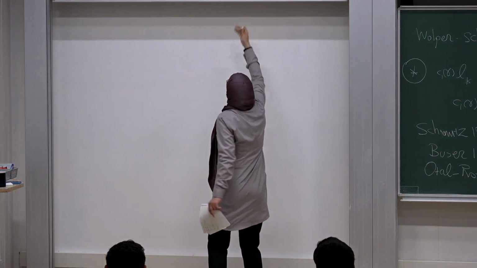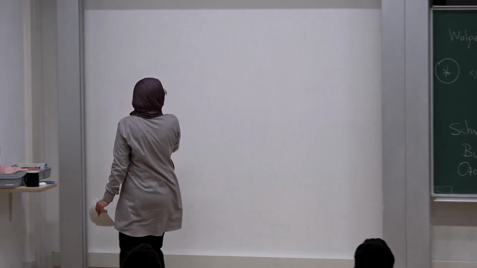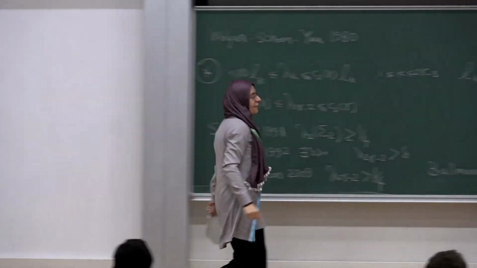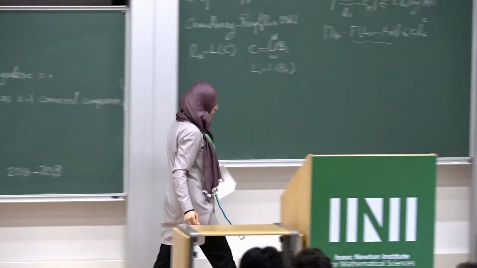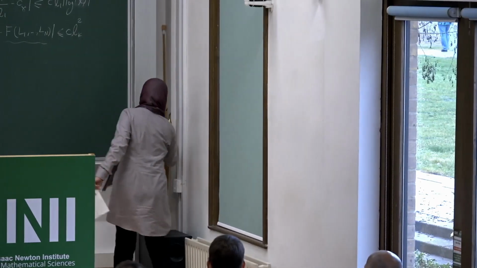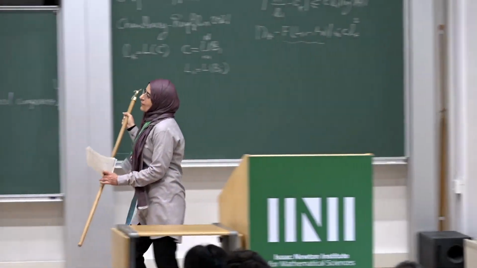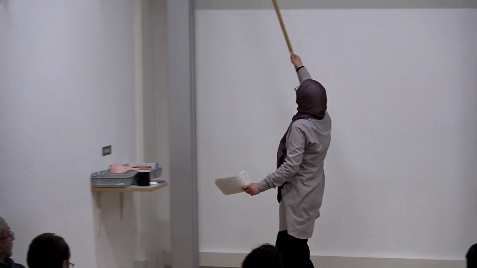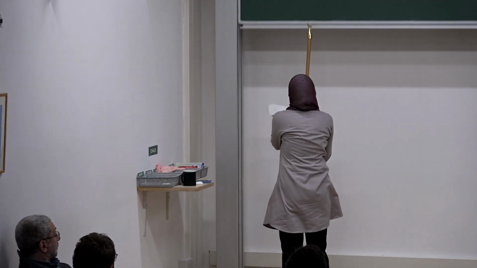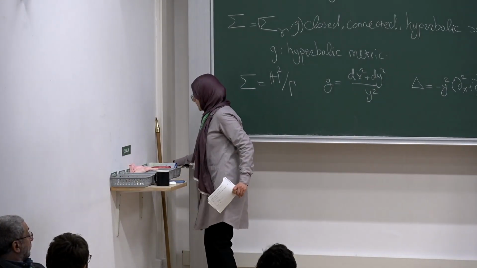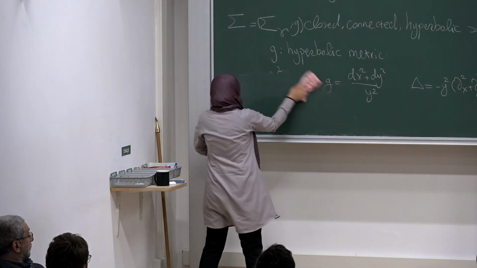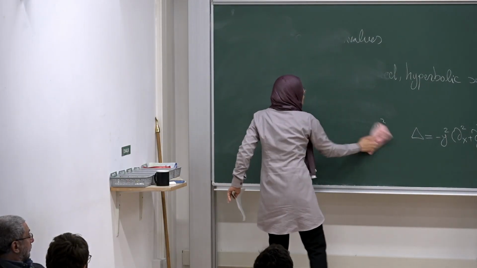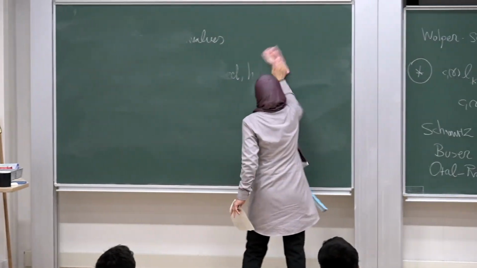So the thick part is the part where we have control on the local geometry. The thick part is the part where the injectivity radius is bounded below by a uniform constant independent of genus.